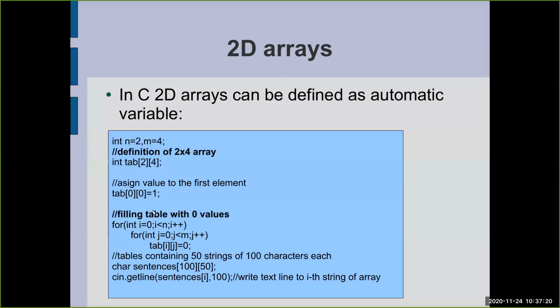To fill the matrix with zeros, I have to use a nested loop, which traverses through rows and through columns, and I can get access to all elements.